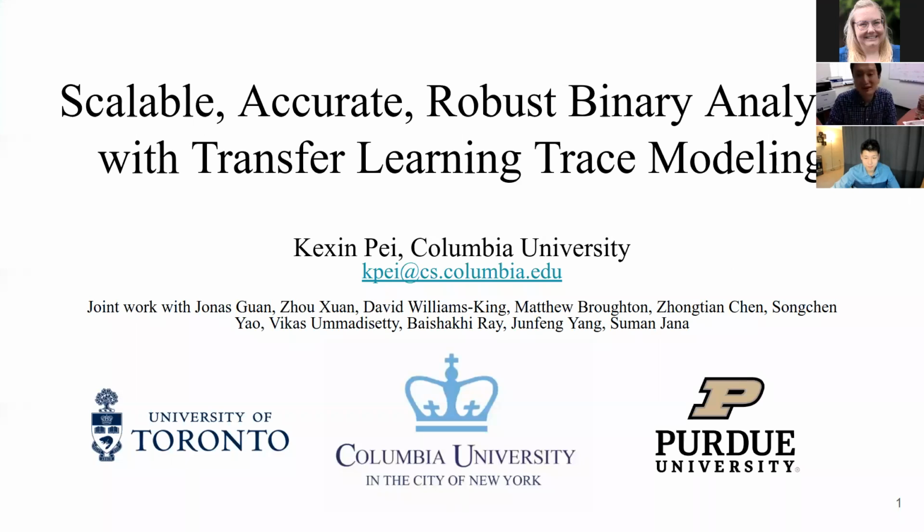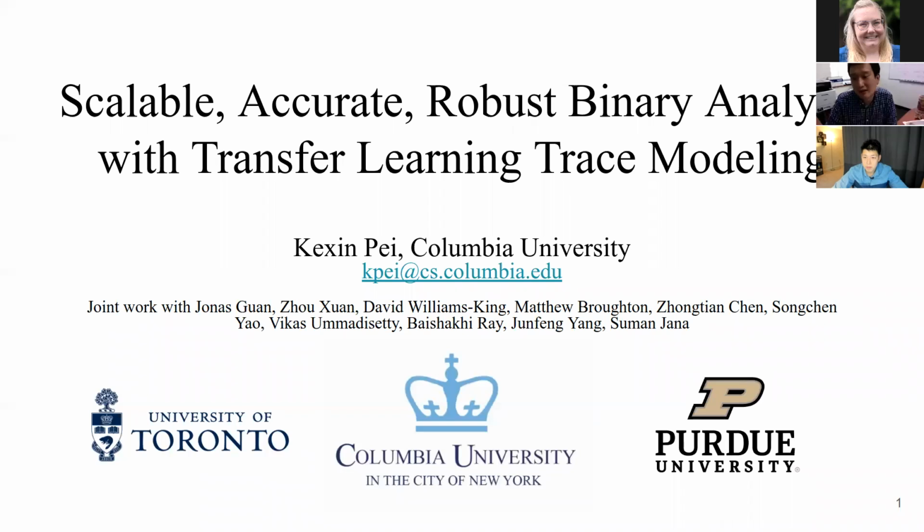So it's my great pleasure to introduce Kexin Pei. He's a fifth-year PhD student at the Department of Computer Science of Columbia University, and he's co-advised by Dr. Suman Jana, Dr. Junfeng Yang, and also works closely with Dr. Baishakhi Ray.